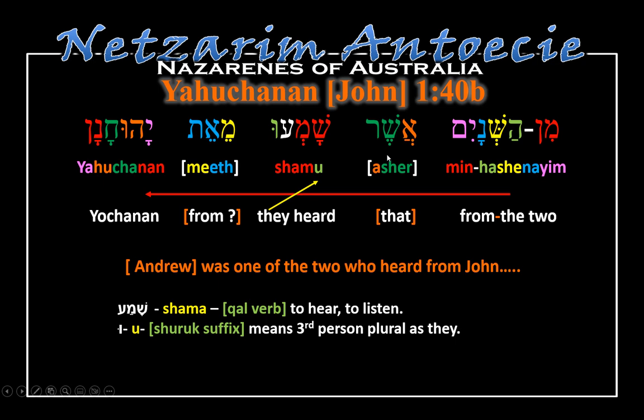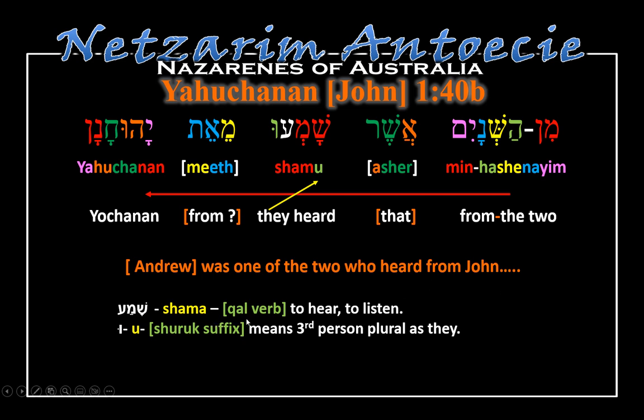Asher, that, shamu, they heard, me'et, from grammar marker, Yahuchanan, which is translated as Yochanan in the modern English anyway. So Andrew was one of the two who heard from John.